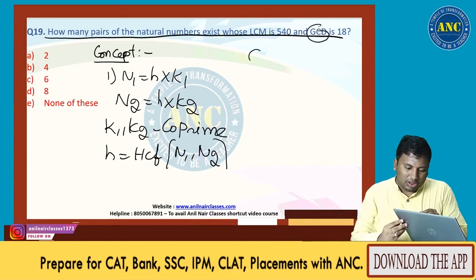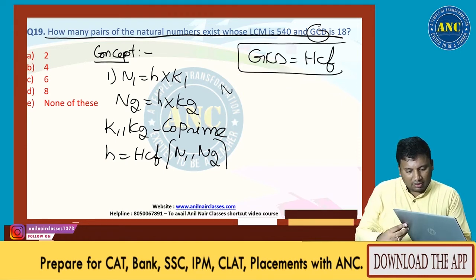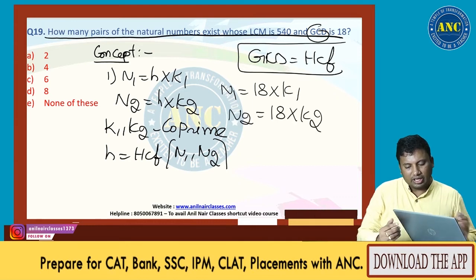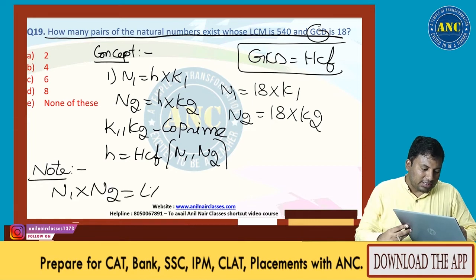GCD is also nothing but HCF. Factor and divisor are both synonyms. So N1 is nothing but 18 into K1, and N2 is nothing but 18 into K2. And please remember, most of the students don't know this. Note, N1 into N2 is equivalent to LCM into HCF.